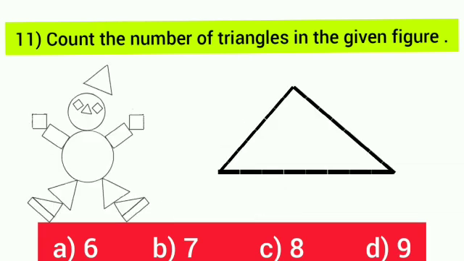A triangle has 3 sides, 1, 2 and 3. Let's count its corners. It has 3 corners.